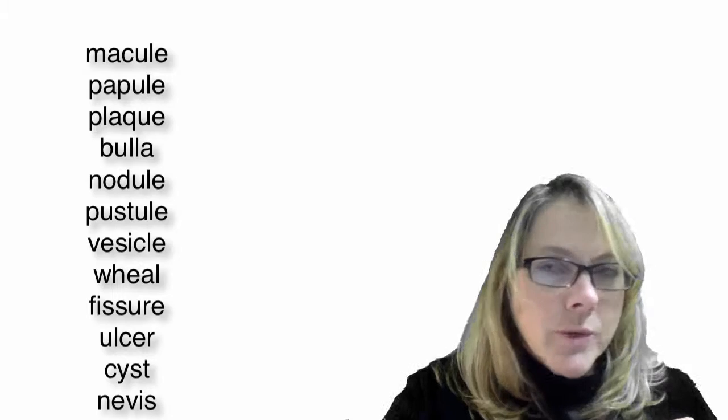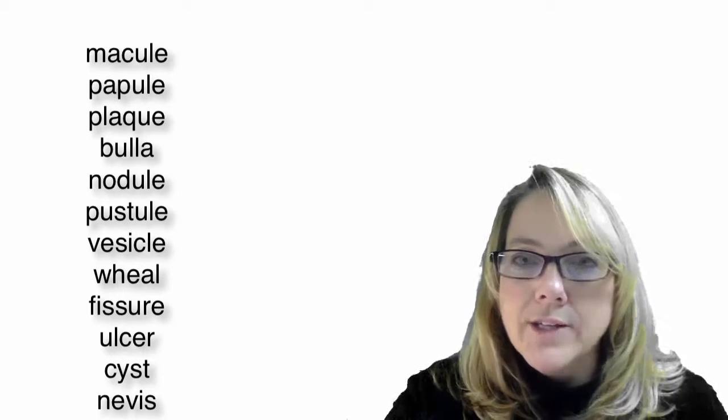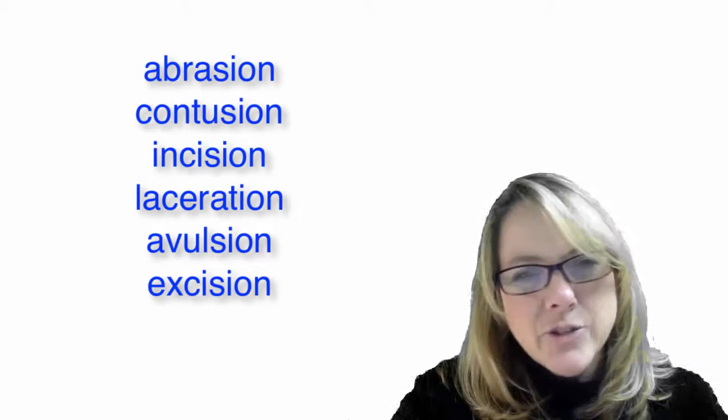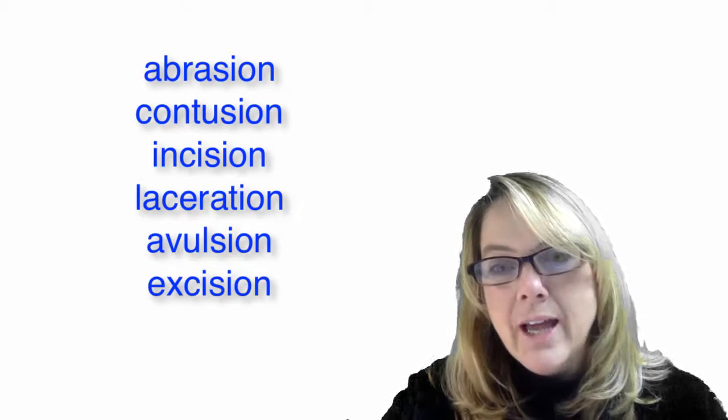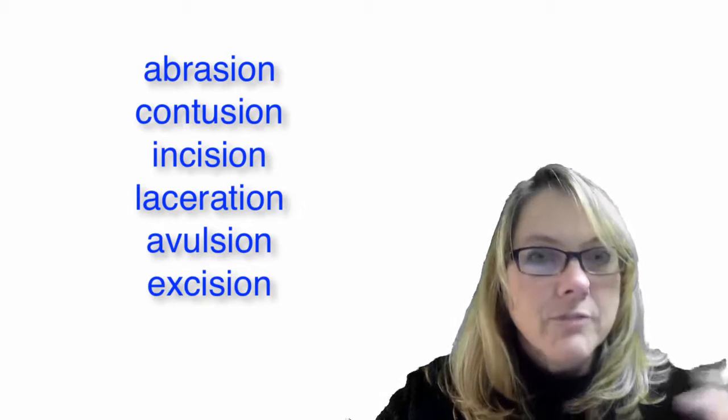Then we have some injury type lesions. I'm trying to separate them out. The injury type lesions are things like abrasion, contusion, incision, laceration, avulsion, and excision. So we've got two totally different types of lesions, but they all fit under skin or integumentary system skin lesions.